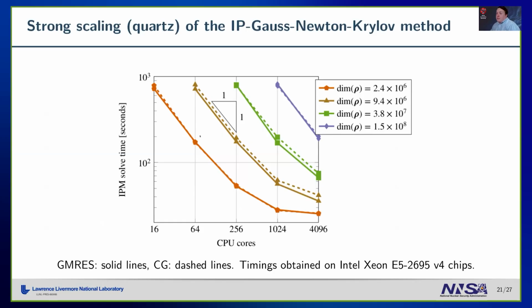And with that scalable method, we get an overall scalable means to solve these optimization problems. This is the time needed to solve the optimization problem for different levels of mesh refinement, varying the number of CPU cores, and we get some good strong scaling there.